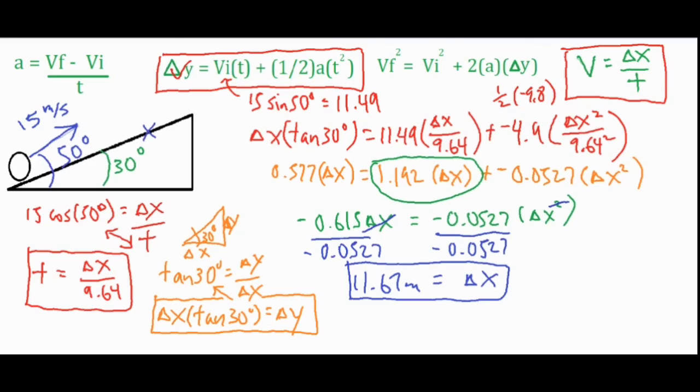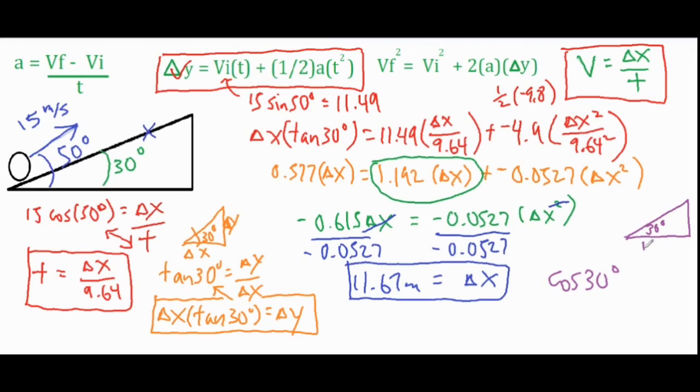So that delta x is basically the horizontal component, but we want the hypotenuse component over here. So what we're going to do is set up the cosine of 30 degrees from our incline. The reason why we're going to set up cosine is because we have 30 degrees here.